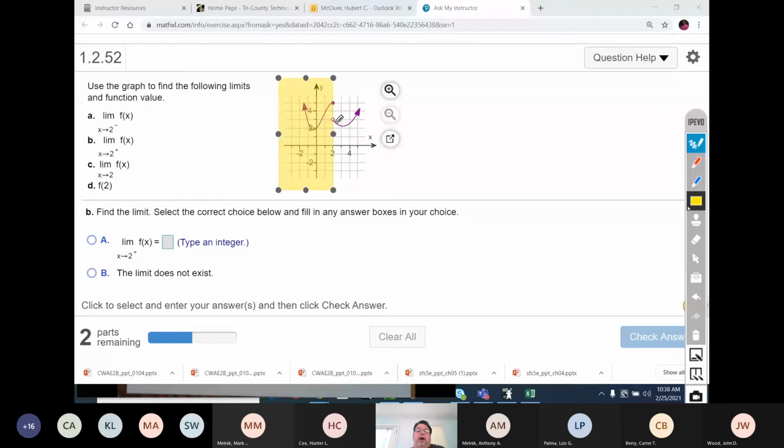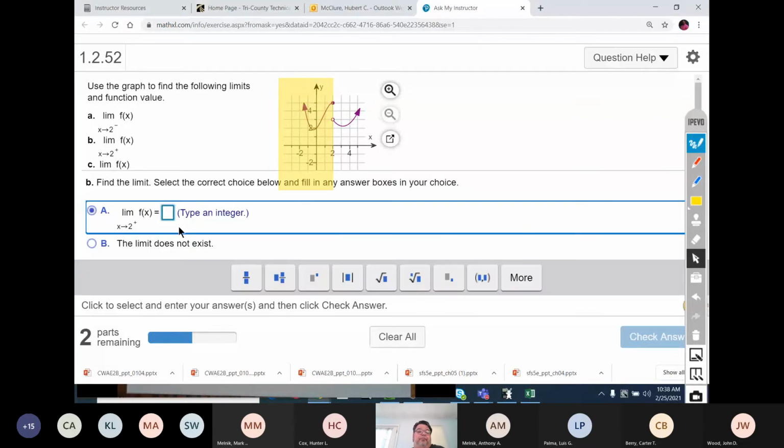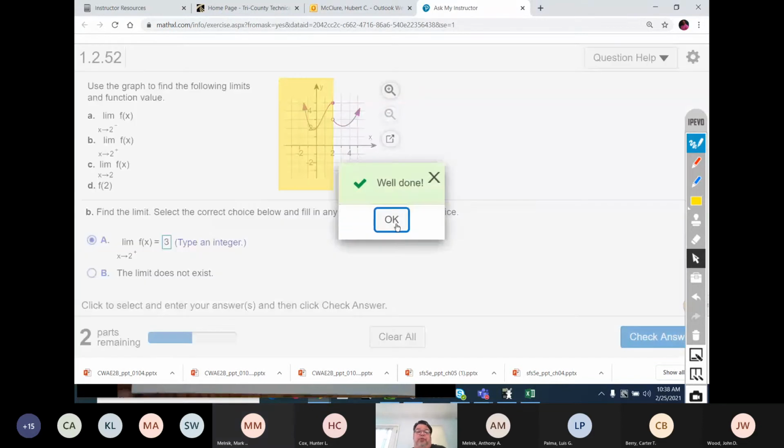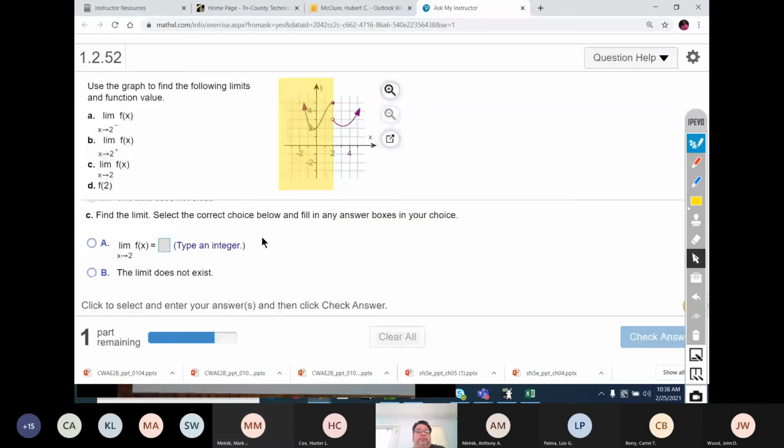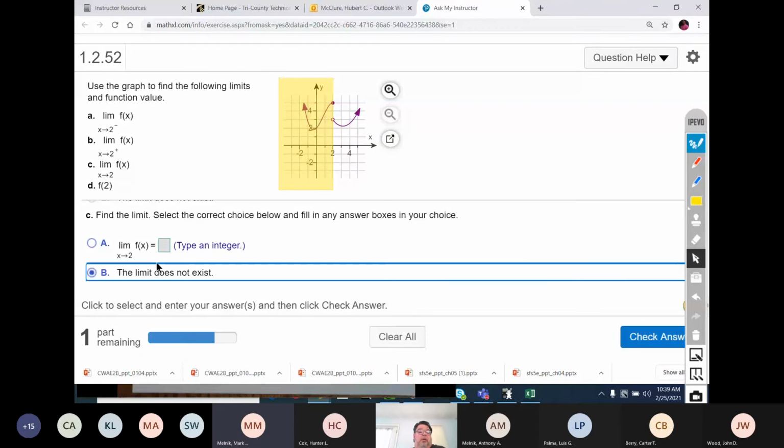What is my y? What am I approaching? 3. What was the first one? 5. Does 5 equal 3? Yes or no? Nope. So therefore, the limit does not what? Exist. Does not exist. That is a test question.